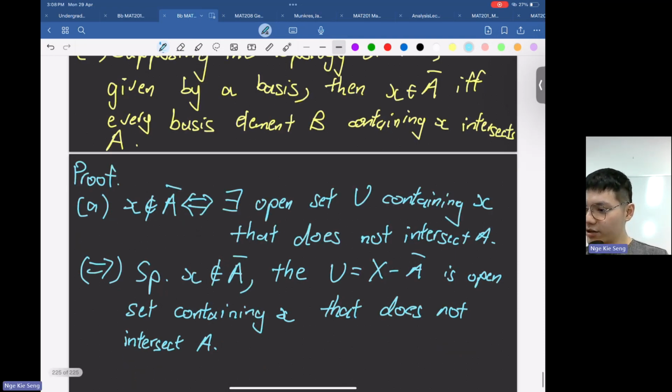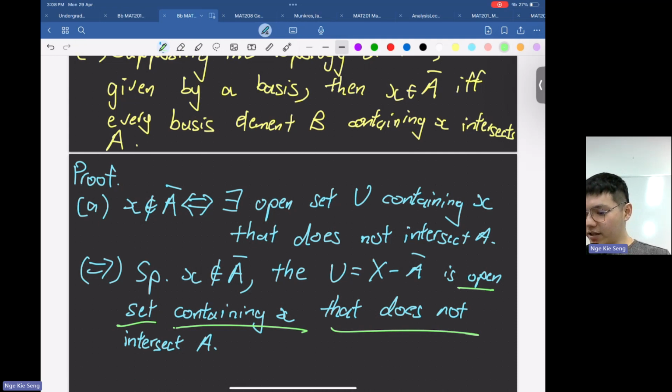So you see, there are three claims here: open set, containing X, does not intersect A. We verified the first two. Why does it not intersect A? Where is A hiding? In the closure. Remember how we build this closure?